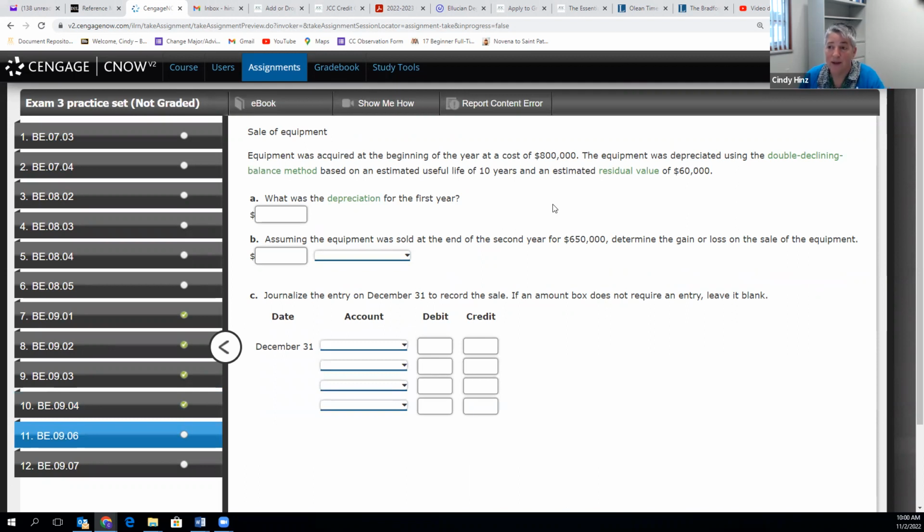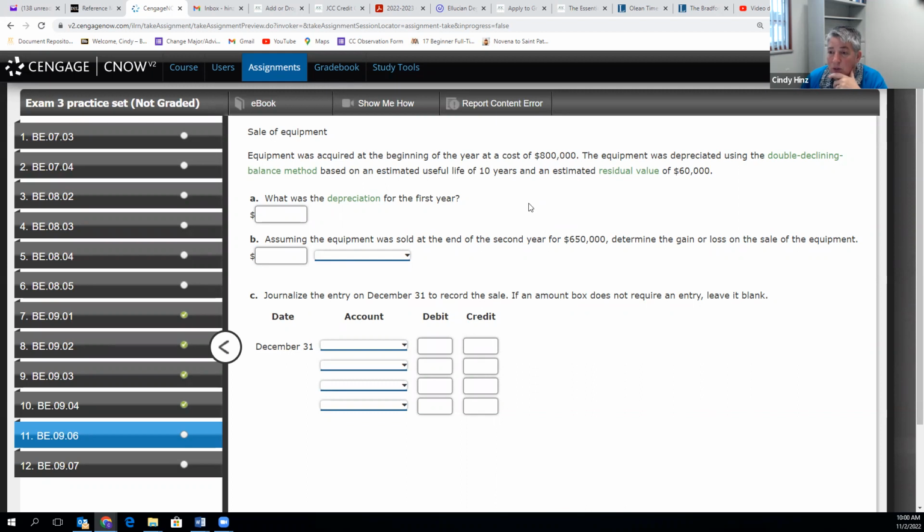But we can't wait until we're done using the asset and then go back and record the depreciation for all 12 or 14 or 20 or whatever years. We have to build in that estimate because the timely reporting of our financial information actually is more important than 100% accuracy. We do the best we can.